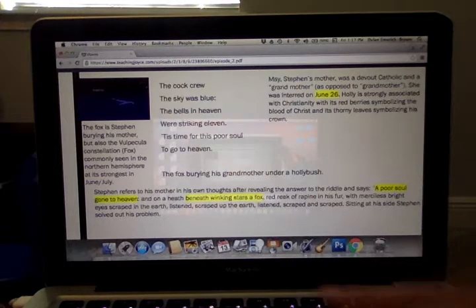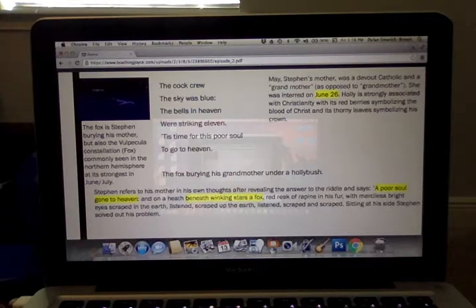So Stephen refers to his mother in his own thoughts after revealing the answer to the riddle and says, quote, "A poor soul gone to heaven, and on a heath beneath winking stars a fox, red reek of rapine in his fur, with merciless bright eyes scraped in the earth, listened, scraped up the earth, listened, scraped and scraped.